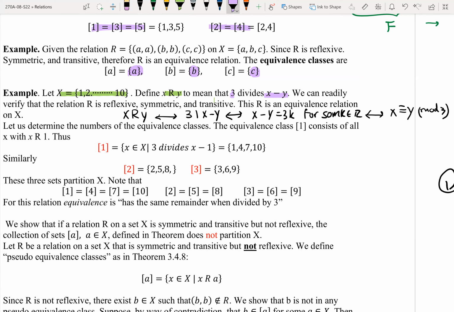Is this okay? Can you follow why this is the same relation as mod 3, based on what I wrote over here? Anyone? The difference is a multiple of 3, exactly, except it starts at 1 rather than 0.